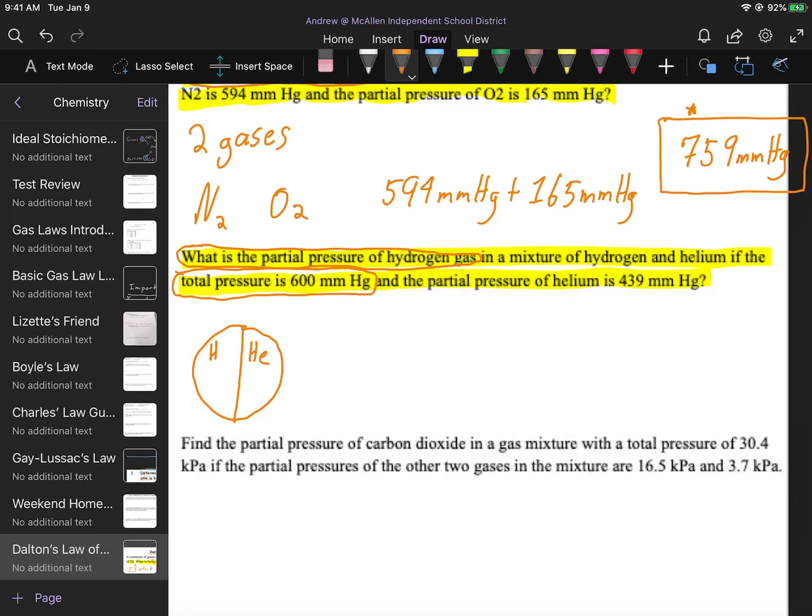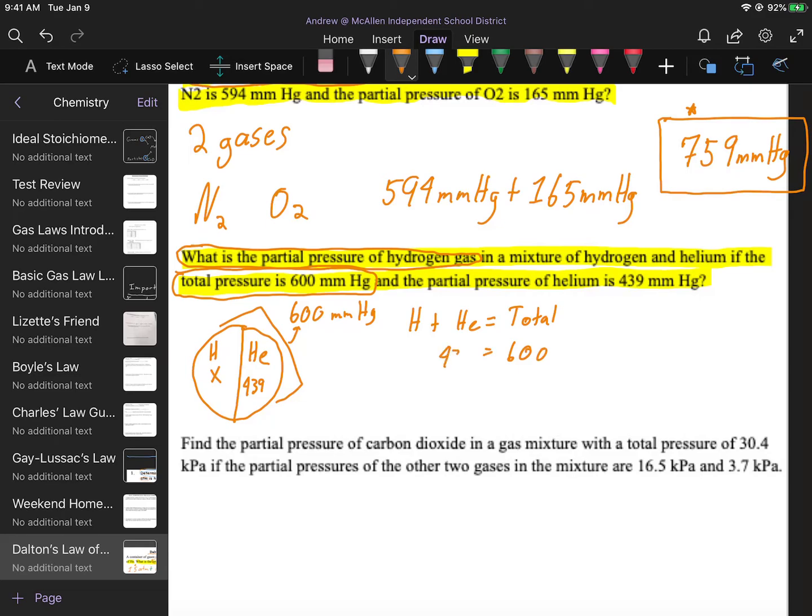So let's just divide it in 2. We know that one of these is hydrogen, the other one is helium. Now, I drew my circle perfectly in 2. That's not necessarily true. This is just as a model. We know that the entire circle is 600 millimeters mercury. And we know that the helium part is 439 millimeters mercury. Hydrogen is unknown. Hydrogen plus helium equals total. We know the total is 600.